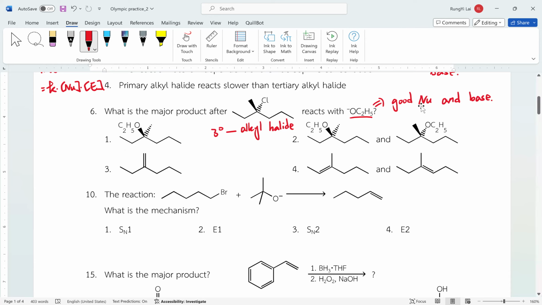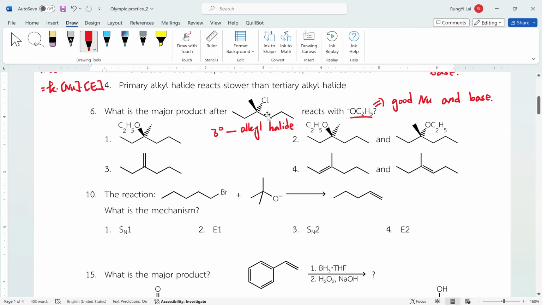So if you want the ethoxide as a nucleophile, you go SN1 or SN2. If you want it to be the base, you will prefer E1 or E2. Okay. Since ethoxide is both good, that means it's not using this one to decide nucleophilic substitution or elimination. It turns out you are using this one to decide.